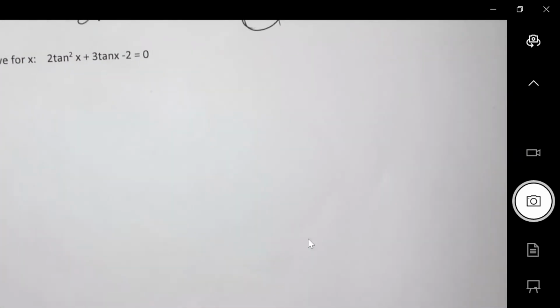Okay, number 6. How would I start this problem? What's a good place to start? What do you see that you recognize? Quadratic stuff? When you think quadratic stuff, what do you think originally? Factors.